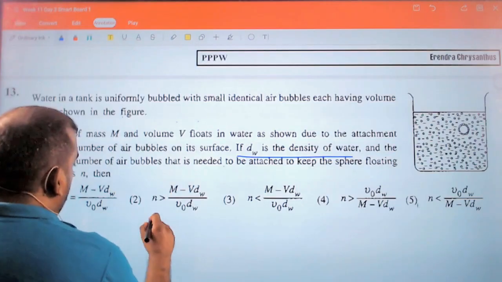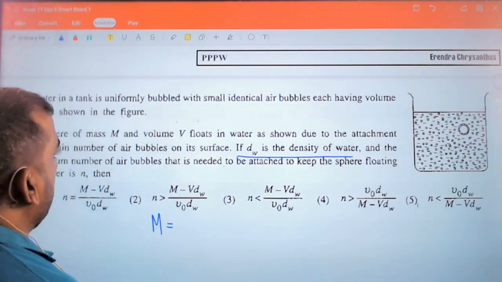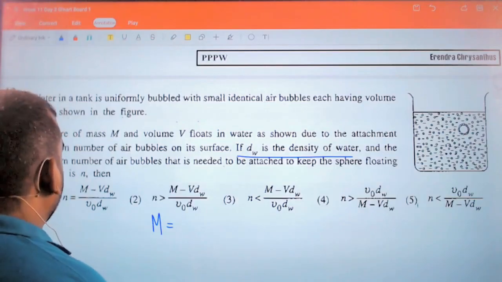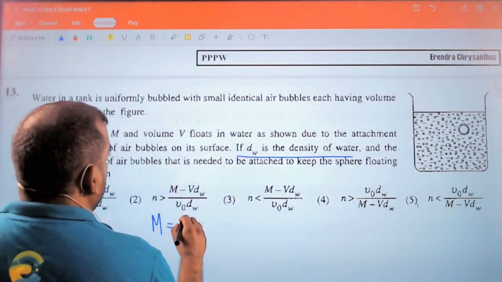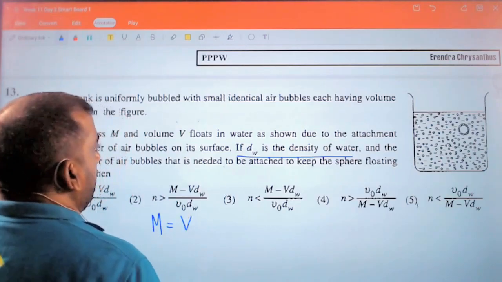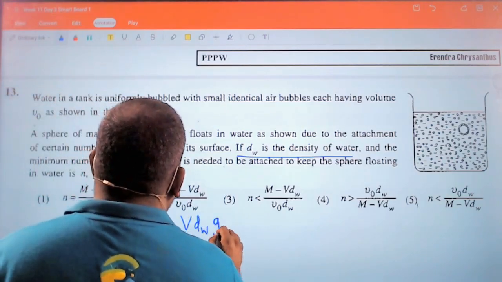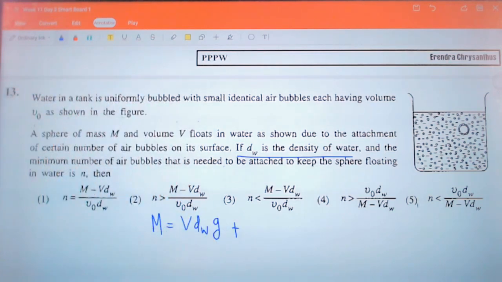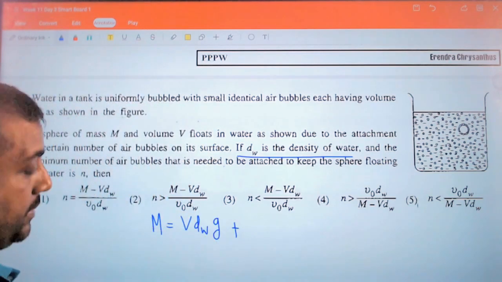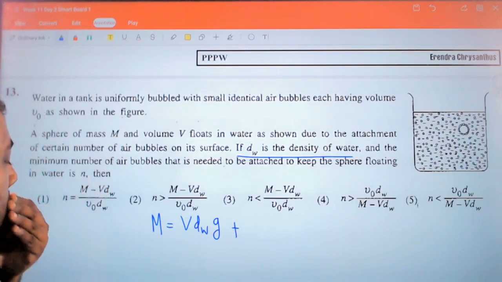So total weight is there. Upthrust acting is V, density of water dW g, plus n number of small air bubbles.